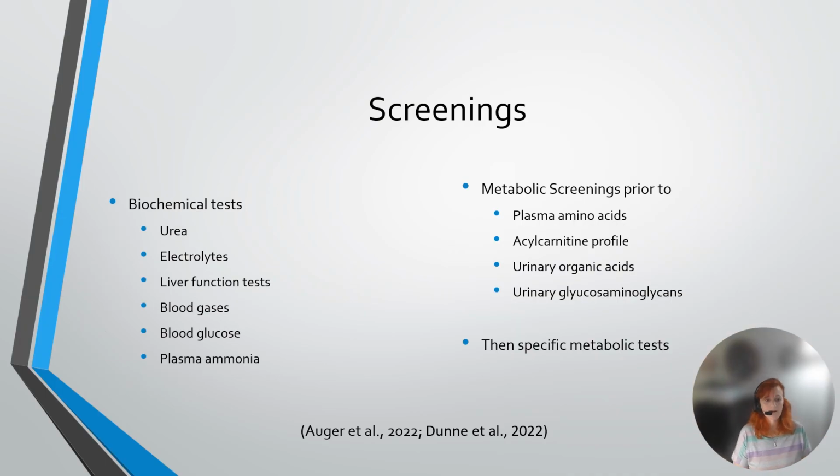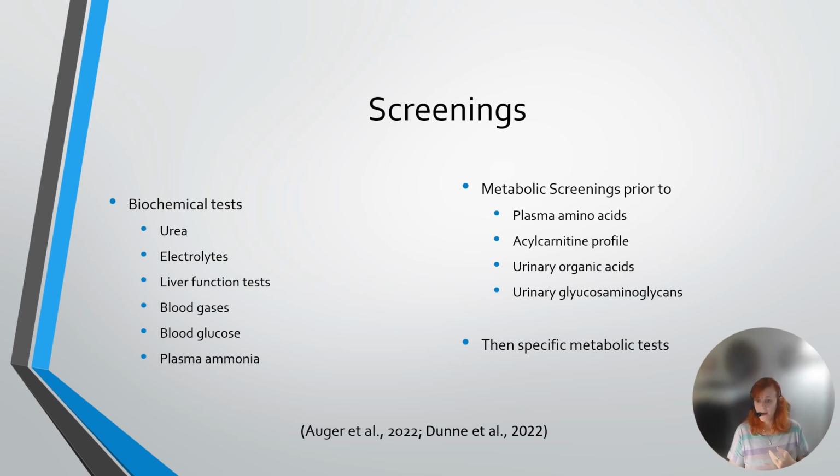All right, and then we have biochemical tests. So these are other ones. You're going to look for your urea, your electrolytes, your liver function tests, your blood gases, right? Blood gases are pretty important because, as we talked about with the lactic acidosis, these newborns are going to become metabolic or respiratory alkalosis, acidosis, depending on which IEM. Then blood glucose, plasma ammonia, and from there we want your metabolic screenings, okay?